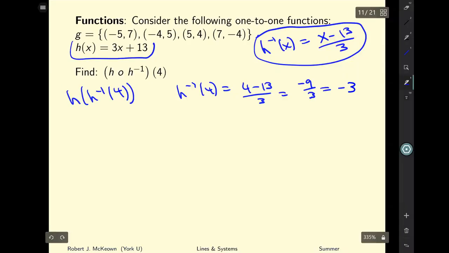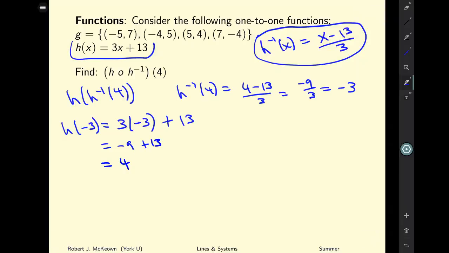Now I'm going to plug that negative 3 into the original function. 3 times negative 3 plus 13 is equal to negative 9 plus 13, which is equal to 4. Right?